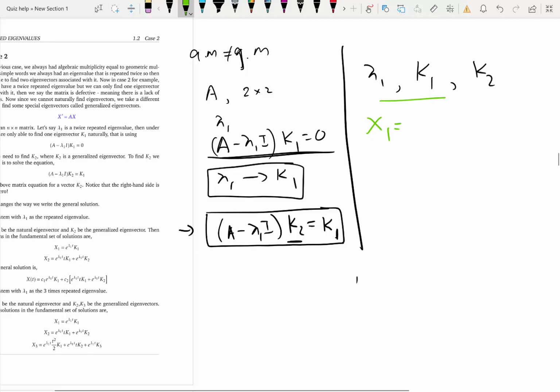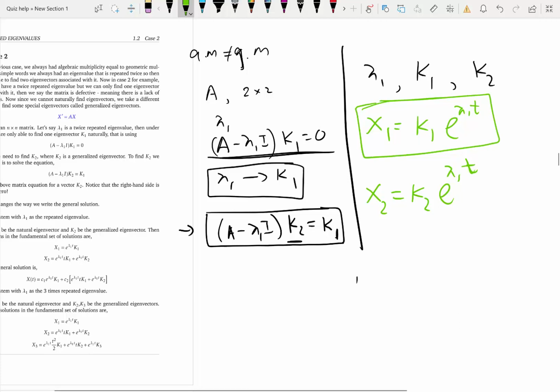That means K1 times e to the lambda 1 t. So that's the first solution in the fundamental set of solutions. Now you want to create the second linearly independent solution from x1. The way you do it is, yes, use K2 times e to the lambda 1 t, okay?